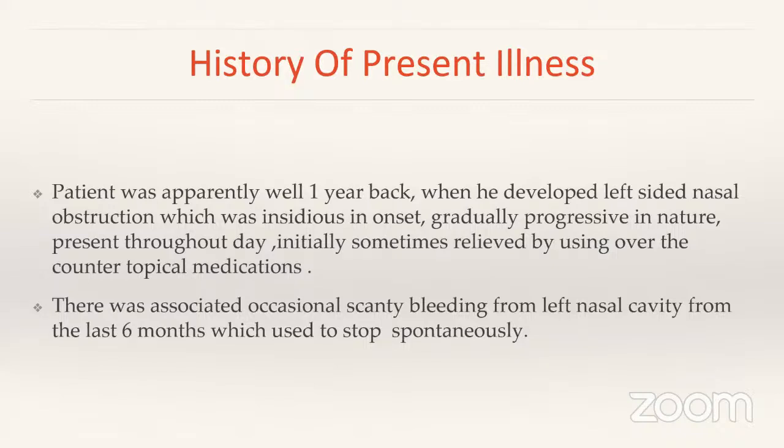Patient was apparently all right 1 year back when he developed left-sided nasal obstruction, which was insidious in onset and gradually progressive. It is present throughout the day, initially sometimes relieved by over-the-counter topical medications. There was associated occasional scanty bleeding from the left nasal cavity for the last 6 months, which used to stop spontaneously.